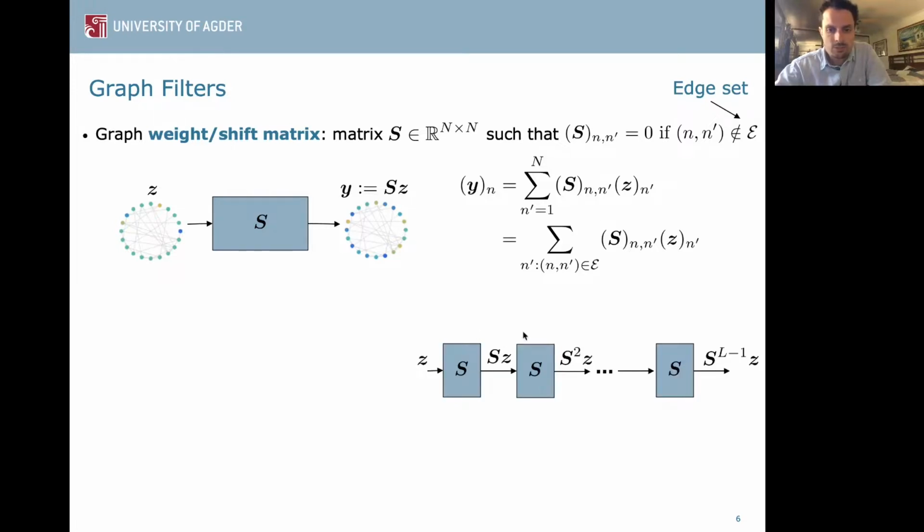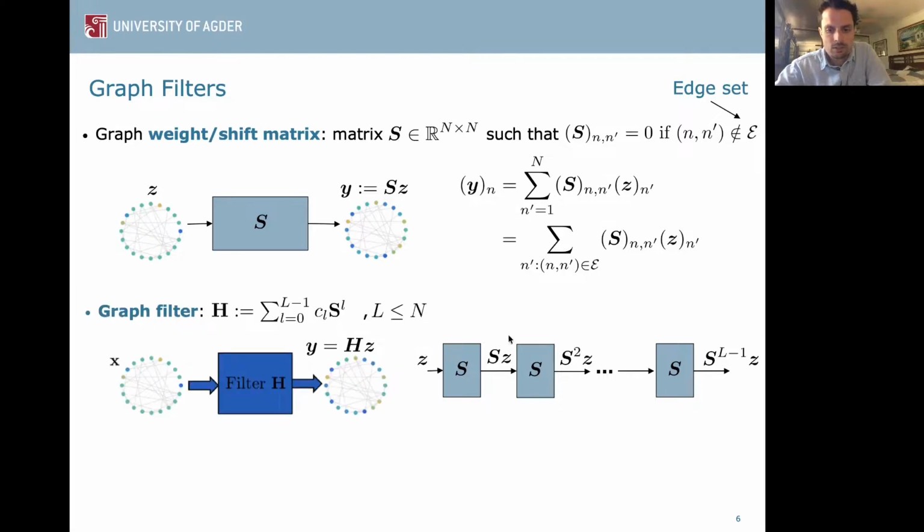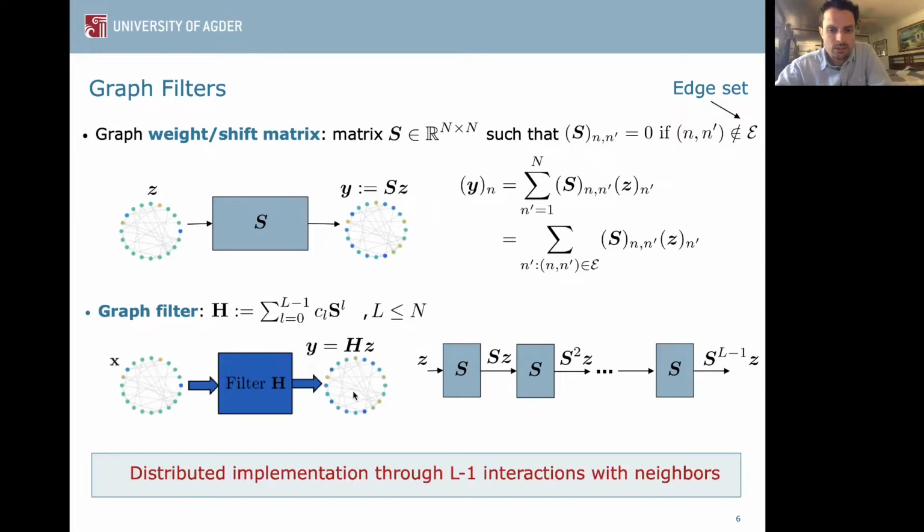And this can be performed multiple times, just by multiple rounds of local exchanges. And if one takes a linear combination of these graph signals here, one would be computing a graph filter, essentially. So it is clear that a graph filter can be implemented in a decentralized fashion just by, in this case, L-1 local exchanges.